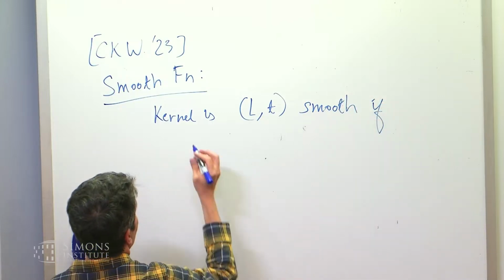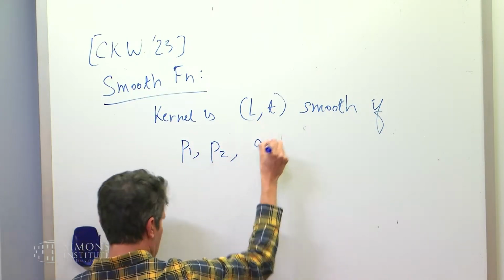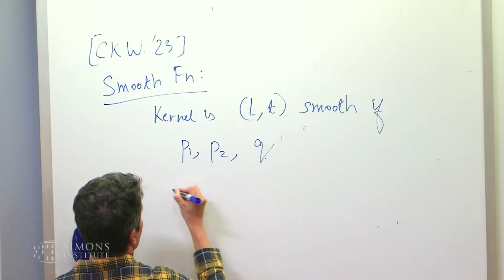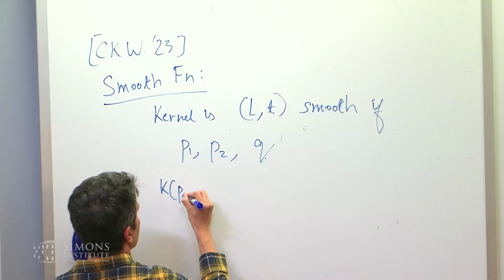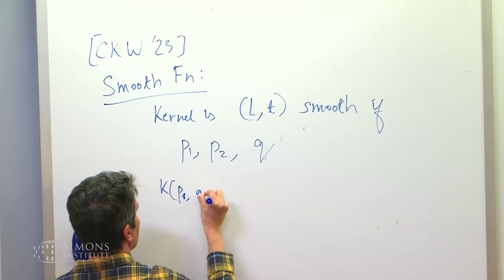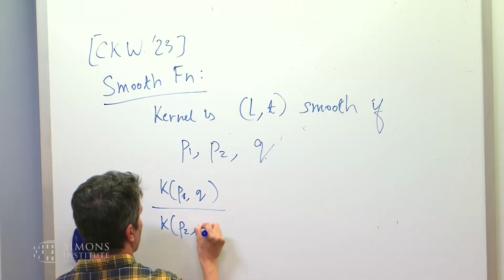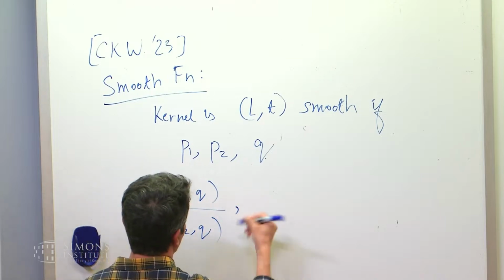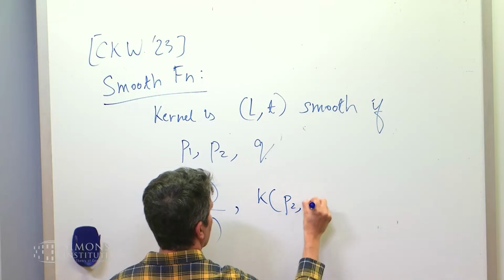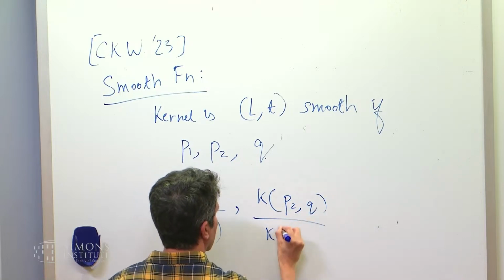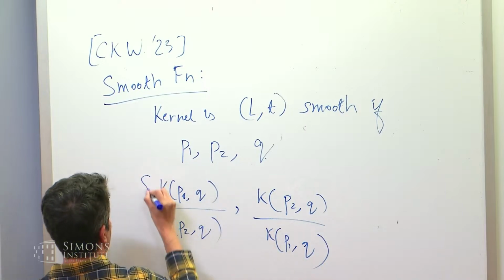If you have P1 and P2 and some query Q, the main question is, what can I say about the kernel value for P1 and Q relative to the kernel value for P2 and Q? And actually, I'm going to look at both of these quantities, this and its inverse, and ask how large can these ratios get?